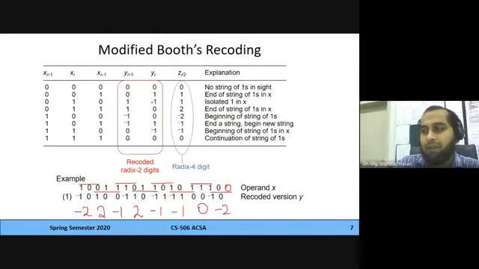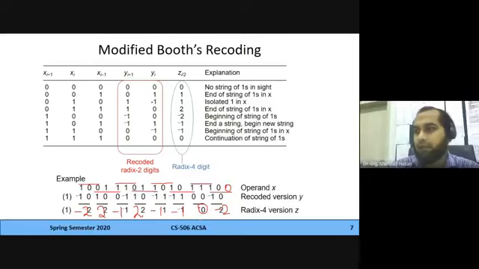In a normal multiplication, if you consider 0 to be added as also an operation, you have got 16 operations. But when you convert it into its Booth equivalent form, it's going to be half, because we are going to consider just 3 bits together and convert them into a single symbol. So this means you're going to have 8 symbols at the end. So this is going to be our Booth recoding.